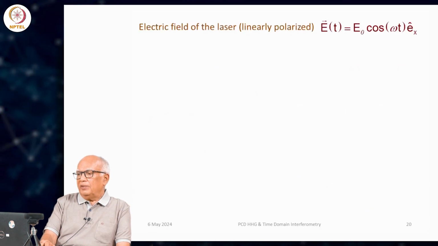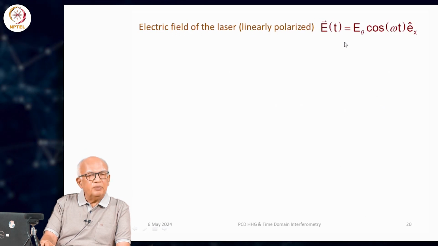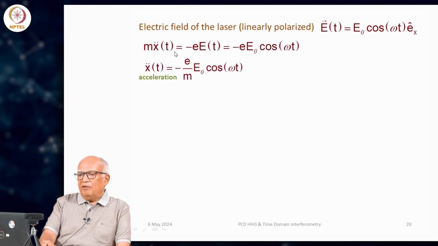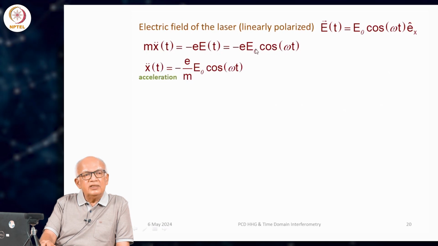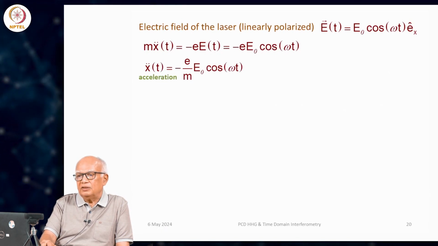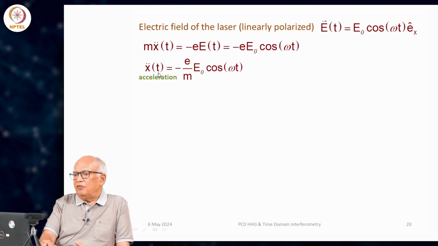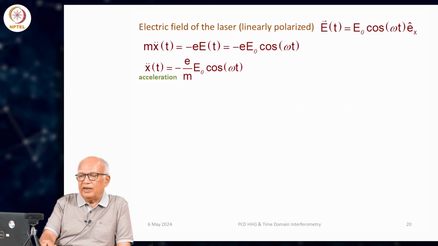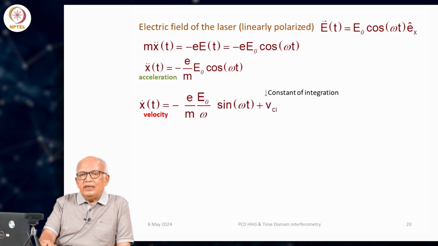So, here let us begin with linearly polarized light. This is the expression for the electric vector of the incident laser, and you can write a classical equation of motion: the electric intensity times the charge will give you the force, and this is the relation that you get from undergraduate classical mechanics for the acceleration, and you can integrate this to get the velocity.